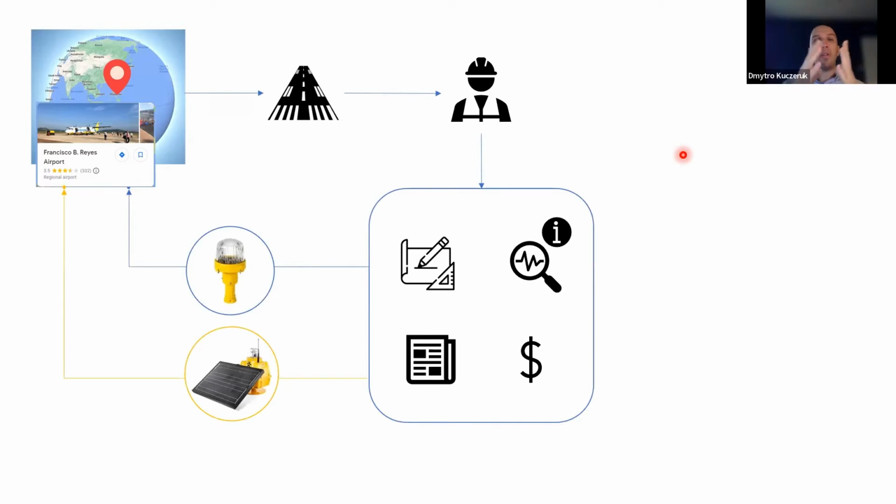So what we have noticed is that sometimes a designer is willing to offer an airport a solar system as an alternative to the conventional one, so the airport operator can make a decision and select the system that is suitable for him. But I think, or we believe, based on the conversations and the cooperation that we have been through already, that there is limited knowledge in general on how a consultant should approach solar project design.